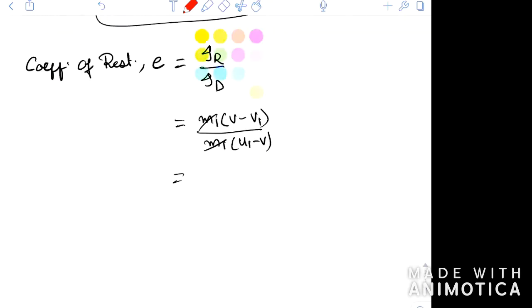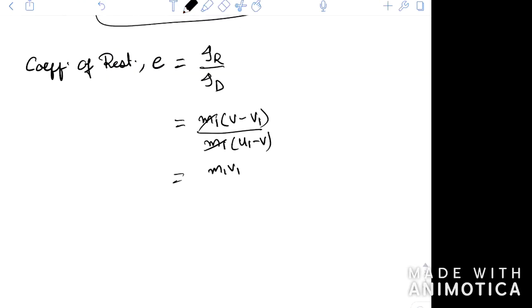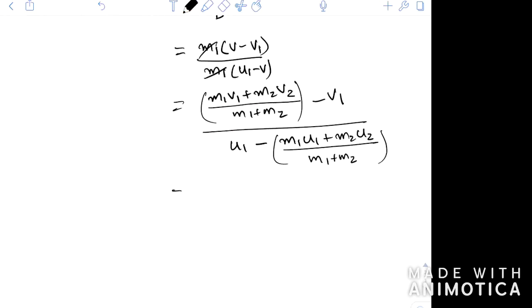If you write that here, then evaluating it, m1 v1 and m1 v1 will get cancelled.